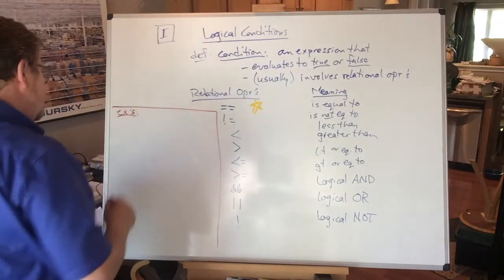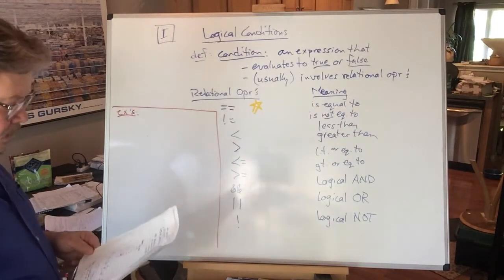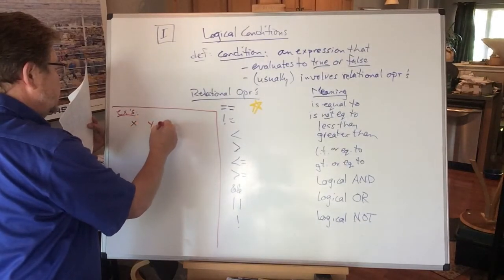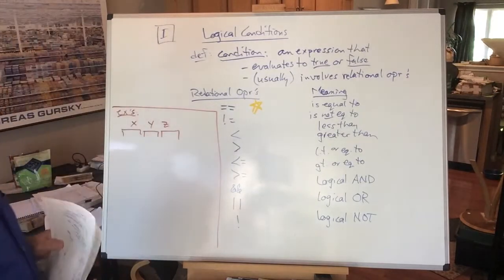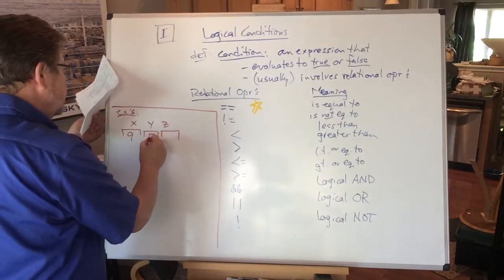Now suppose we've already set up variables. I'll assume we know how to do variable definitions and assignment statements. And maybe we've already got values for x, y, and z. They're not garbage. They've been assigned to be 9, 5, and 5.